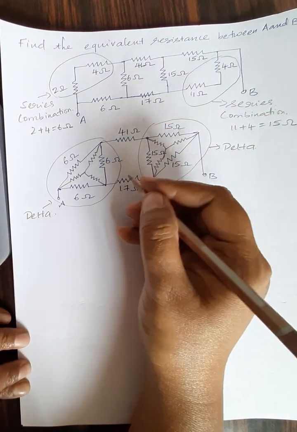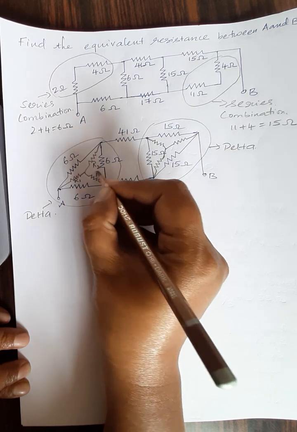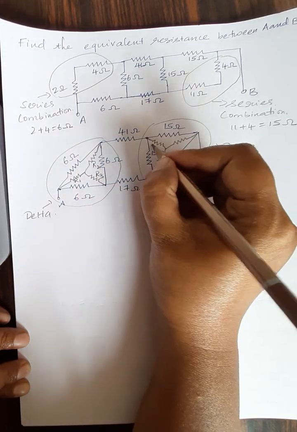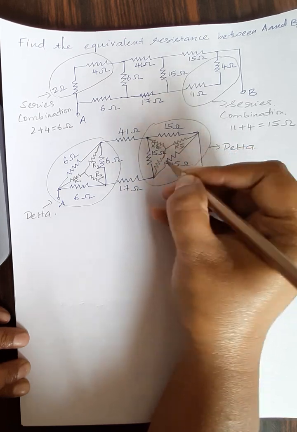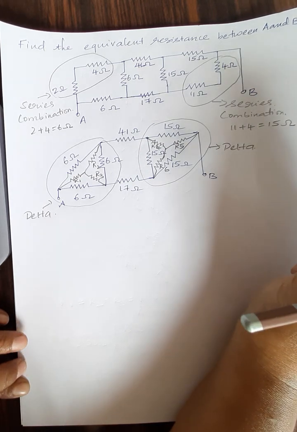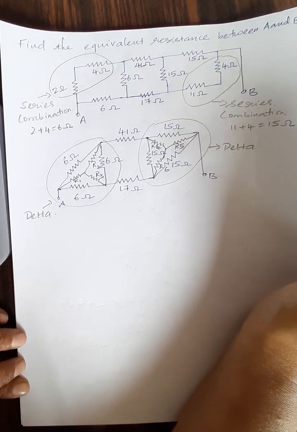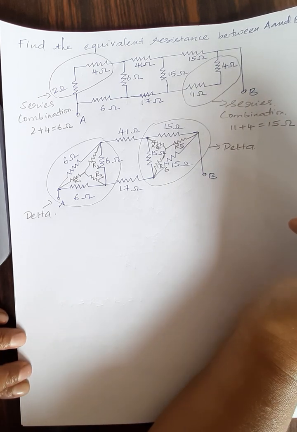It will look like this. Let us name this as R1, R2 and R3. This resistance is as R4, R5 and R6. Now you need to find out the resistances R1, R2, R3, R4, R5, R6 using delta to star transformation method.